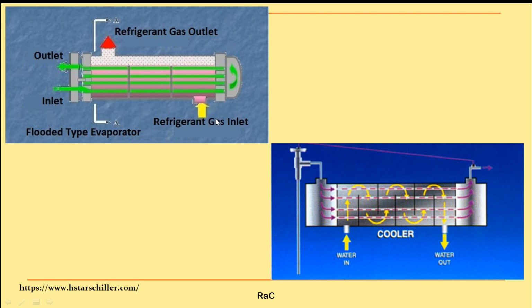This is not the gas, it is liquid. Liquid is coming and the vapor is going out. And here you can see the water is flowing outside the tubes and the refrigerant is flowing inside the tubes in the dry expansion type or direct expansion type of evaporator.